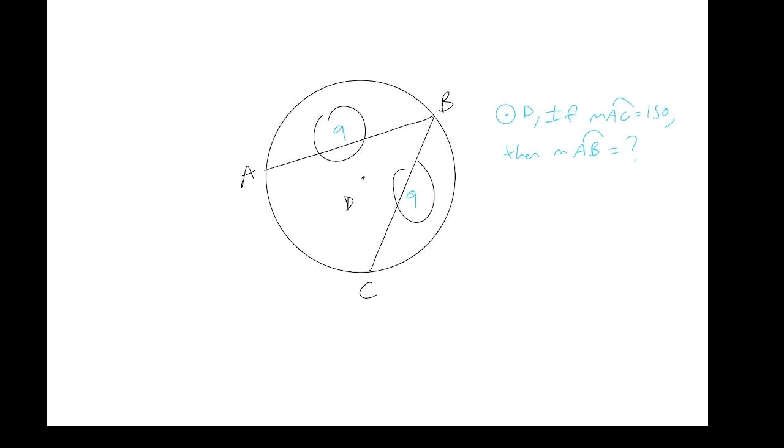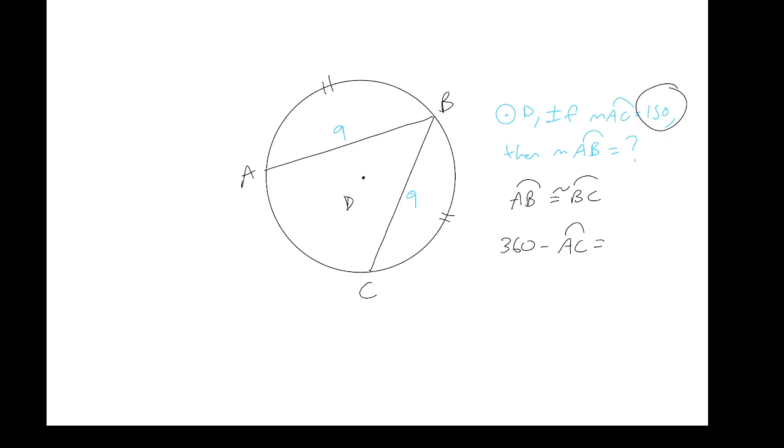Remember, if these two chords, AB and BC, are congruent, it means the arcs opposite them are also going to be congruent. So arc AB is congruent to arc BC. And we know that 360 minus AC is going to give us the measure of arc ABC, and we have AC, which is 150.